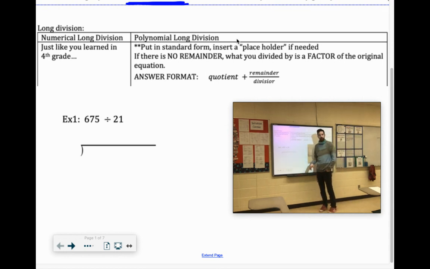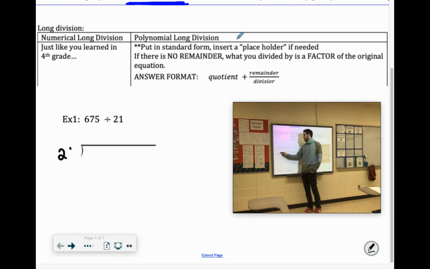So you did this way back in the day. You had 675 divided by 21, and we used long division back in the day, and it was not that bad. So you put the 21 here, put the 675 here, and then you're like, oh, 21 doesn't go into 6, so then you bring in the next thing. 67, you can get that in there 3 times.